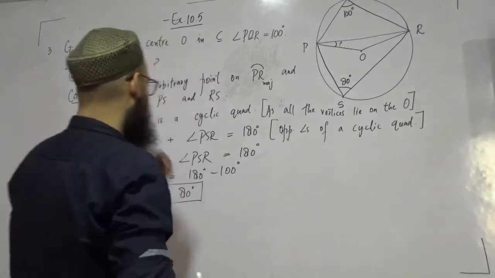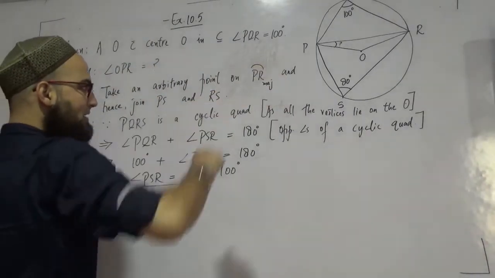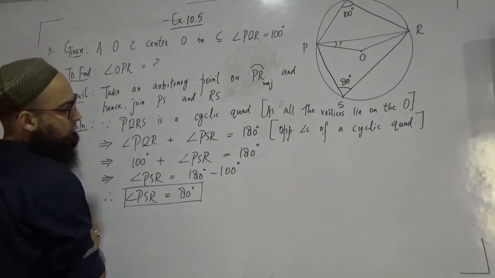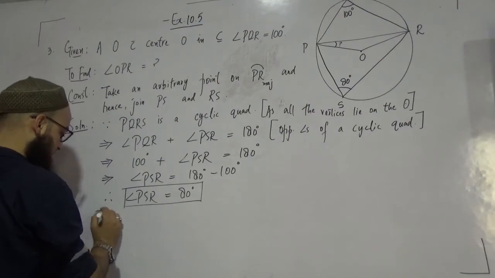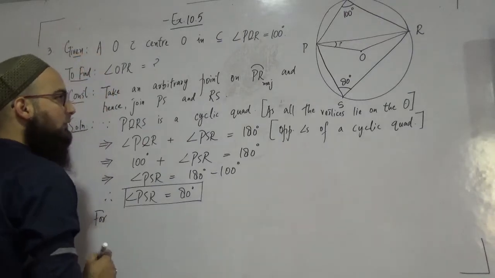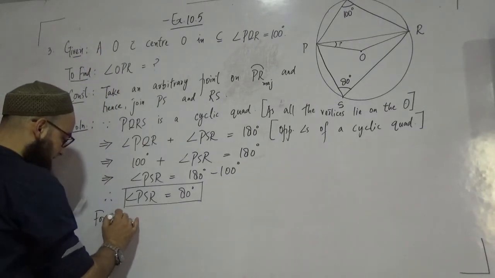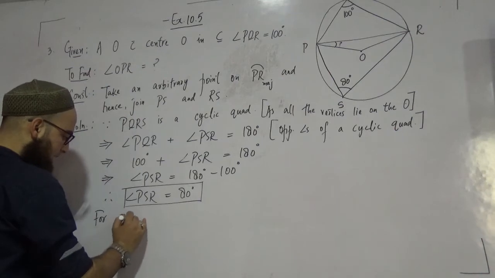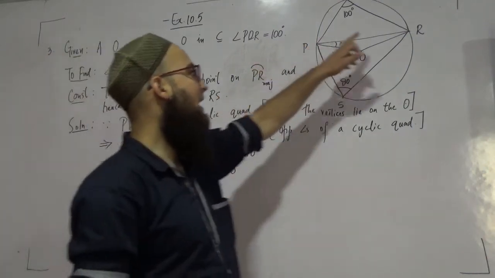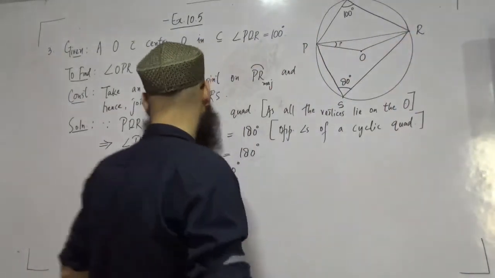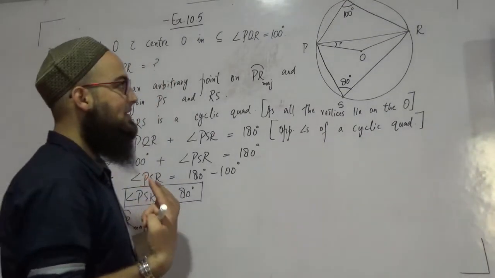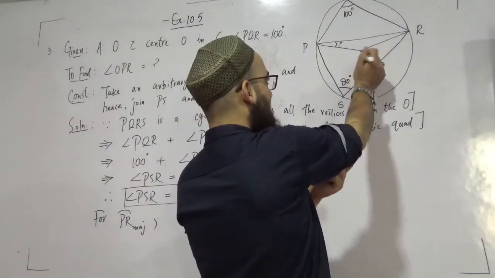Now, for major arc PR, angle subtended by this arc at the center will be this reflex angle.